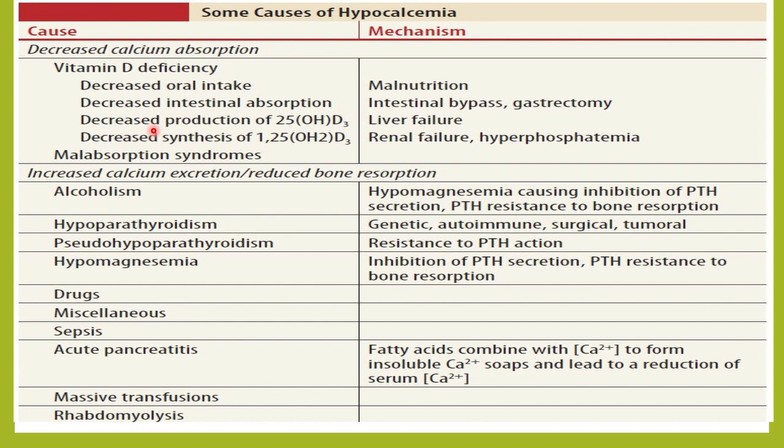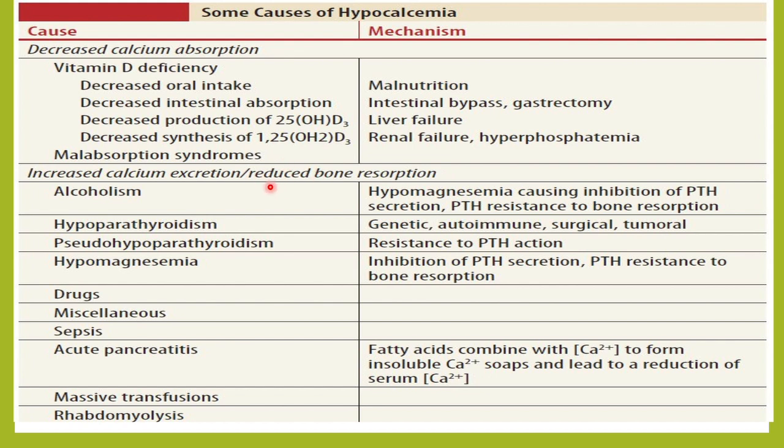There could be gastrectomy done. There is decreased production of vitamin D. There is liver failure. There is decreased synthesis of 1,25 hydroxy vitamin D, which happens in case of renal failure, in case of hyperphosphatemia, malabsorption syndrome. So these can cause decreased calcium level in the serum.